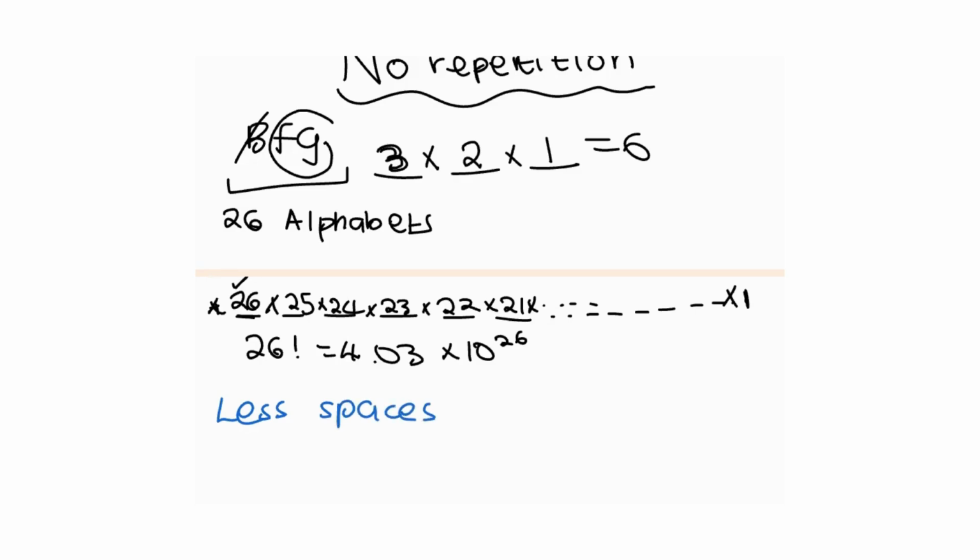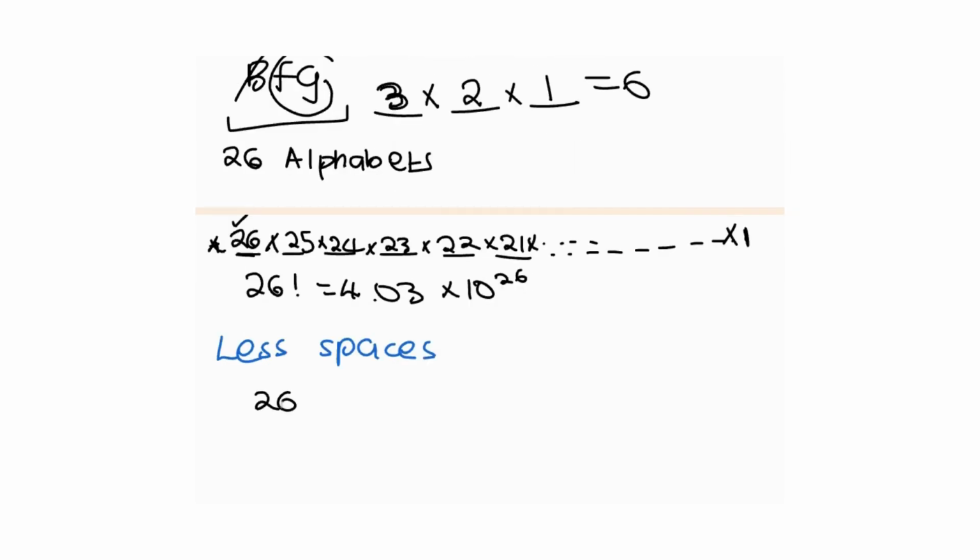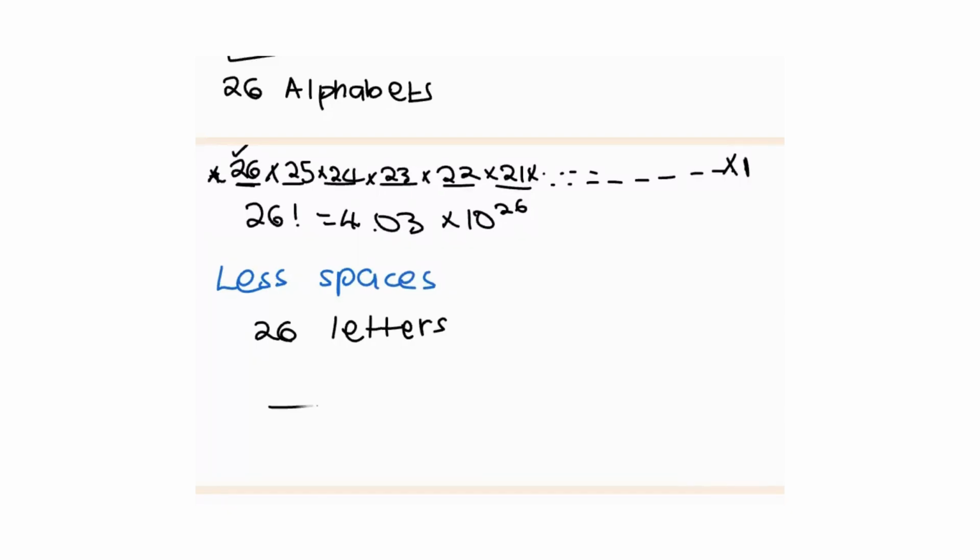So now, when we do less spaces, for example, I'm bringing the example with 26 letters. We have 26 letters in total, but I say how many different 5-letter words can we make?